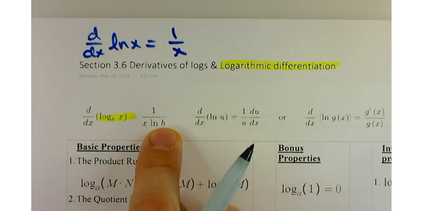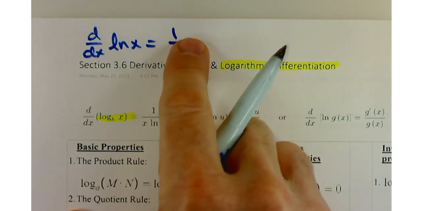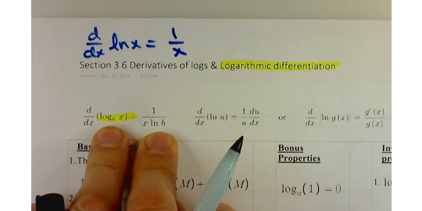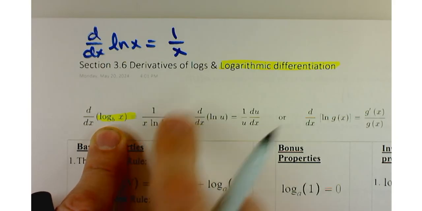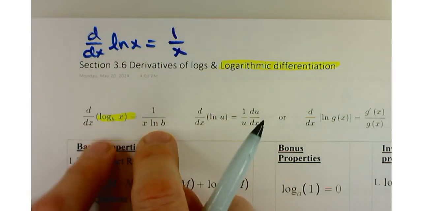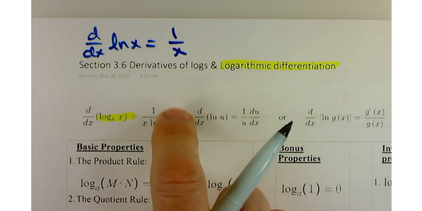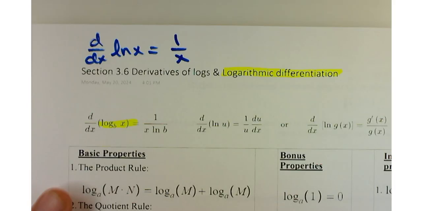Now you can see that this one's a little bit more general than this one, because if the base was E, what would happen to the ln of E? ln of E is equal to 1. So this one would default to this one in the case that your base is E.